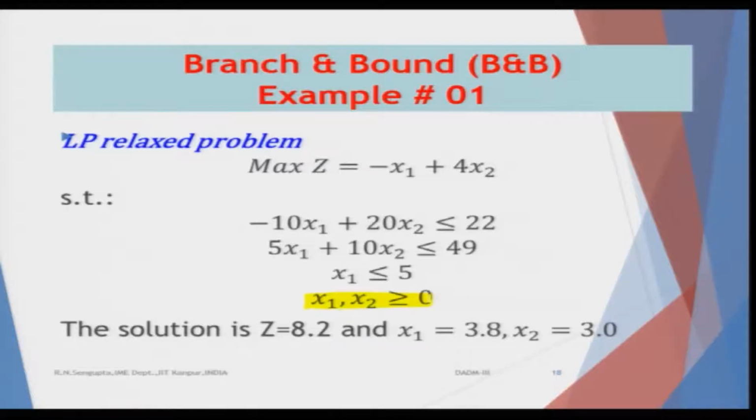So, this has been converted from an integer to a simple linear programming, considering x1 and x2 can be any continuous values. So, x1 now can take any number between 0 and 5, including non-integers, and x2 can take any values greater than or equal to 0.